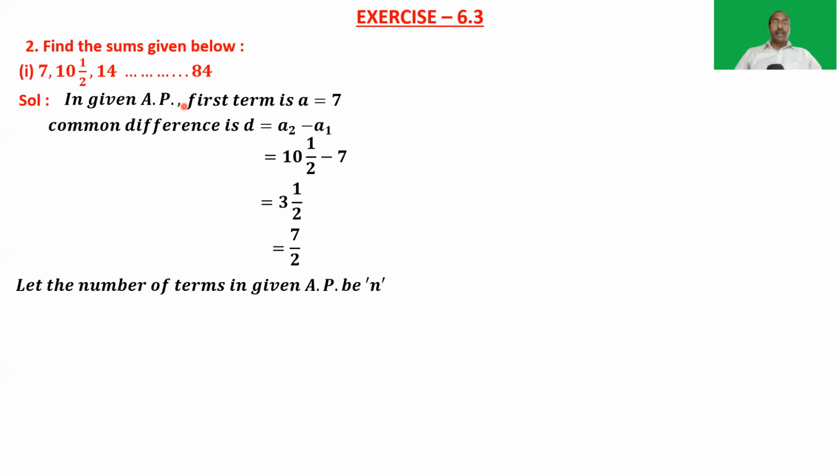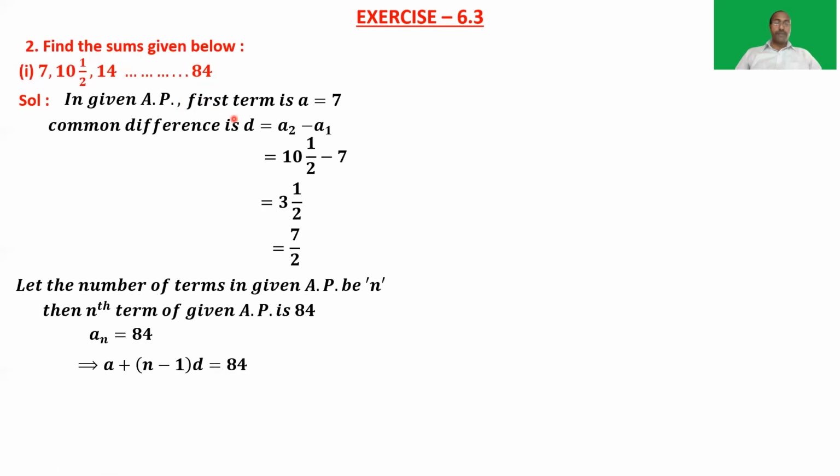As there are n terms in the given progression, the last term 84 is the nth term. So the nth term of the given AP is 84, that is, an is equal to 84. And we know that an is a plus n minus 1 into d.